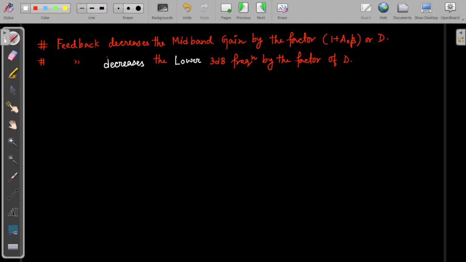So what conclusion can we find? The first conclusion is the effect of feedback. Effect of feedback means the effect of negative feedback. I am saying effect of feedback, but actually we are considering the negative feedback. So what is the first effect?